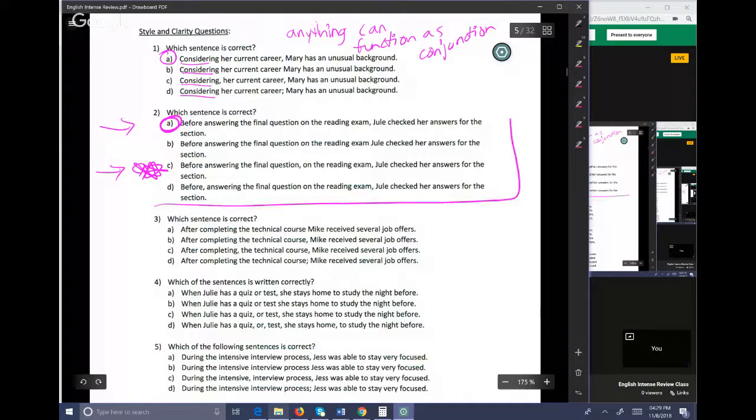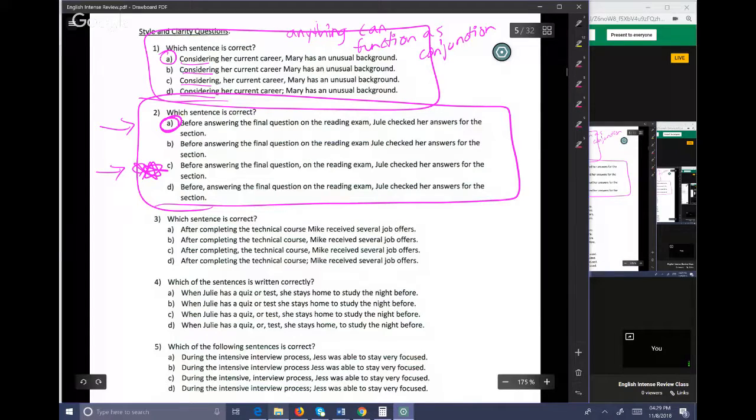The idea behind both of these questions is having a dependent clause with a conjunction and an independent clause that either follows it or precedes it, with a comma between those two clauses. That's what they're trying to test.